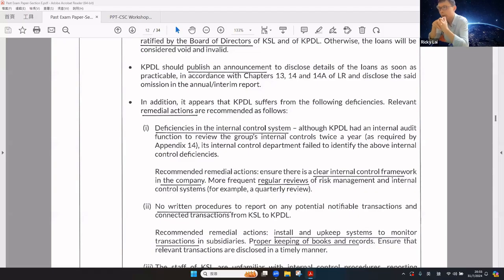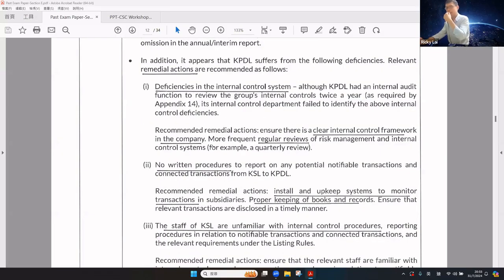Okay, first of all, we understand that CG code focus on internal control. There are many deficiencies in the internal control system. Although the listed company has the internal audit function to review the group internal control twice a year, as required by Appendix C1 of the listing rule, this internal control department failed to identify the above internal control deficiency.